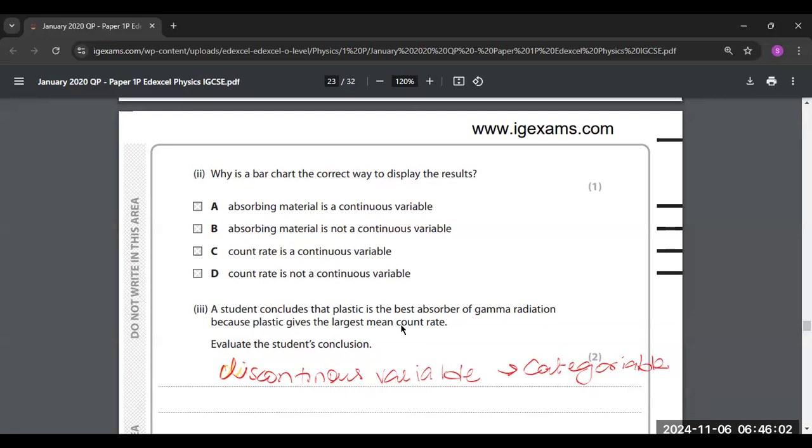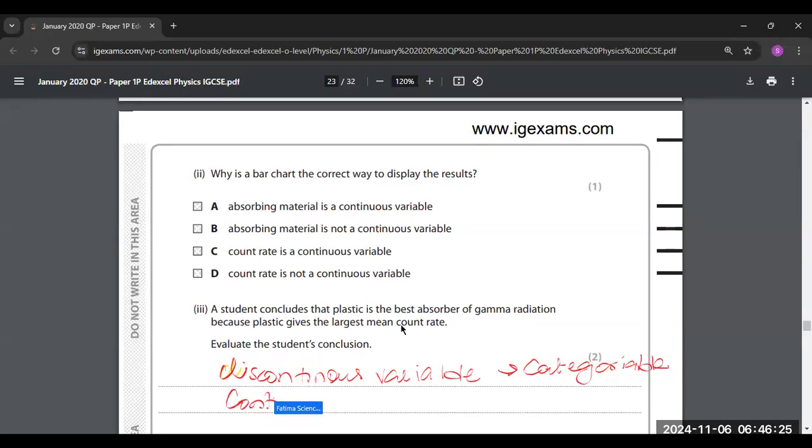Over here, the absorbing material is categorical. It can be aluminum or lead or paper and so on. Like your blood group, which can be A, B, AB, or O. So this is categorical data. We call this a discontinuous variable.